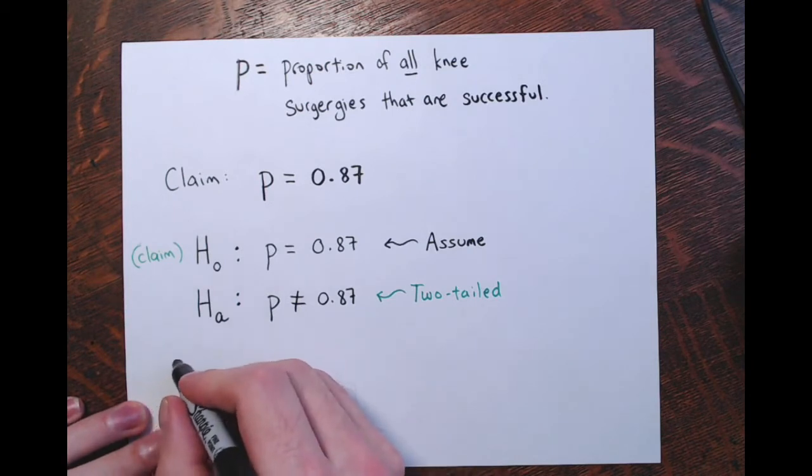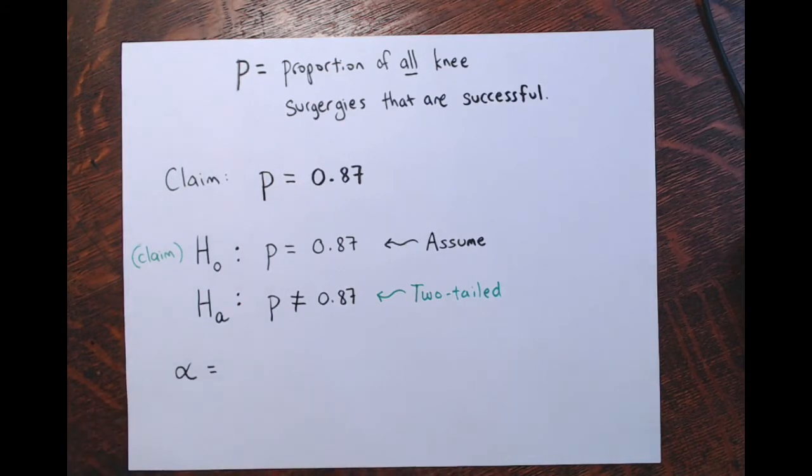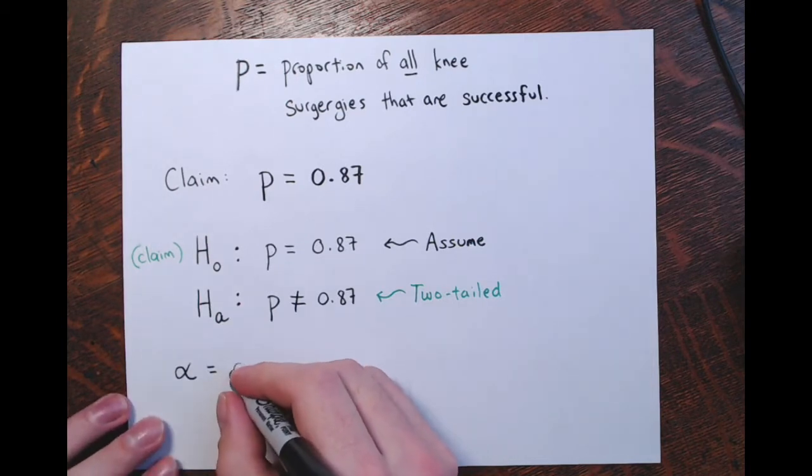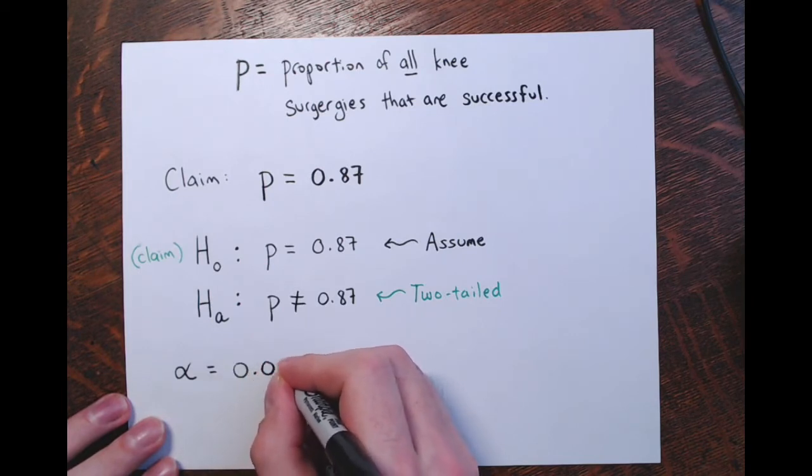Then there's a significance level, alpha. This particular question isn't asking us to complete an entire hypothesis test, so we were not given a significance level. But in cases where you're not given an alpha, you can pretty well assume an alpha of 5%. That's a reasonable significance level for most tests.